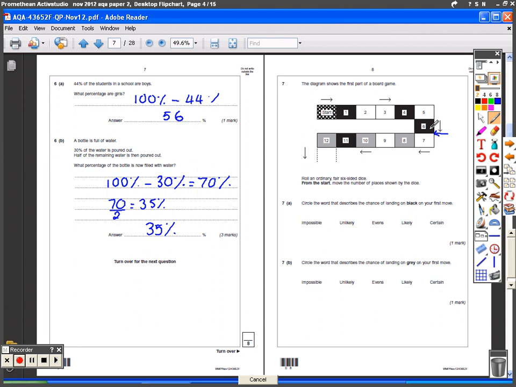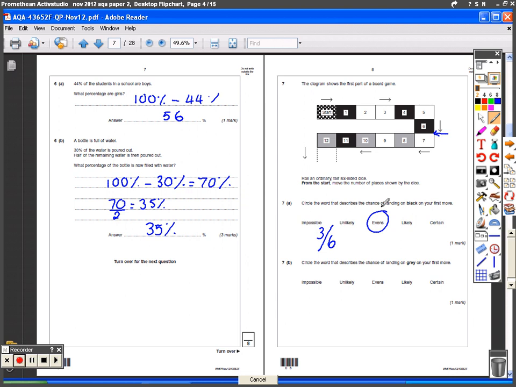So if I was going to land on a black, there's 1, 2, 3 chances that I could land on a black, out of 6 on a six-sided dice. So 3 out of 6 is a half, so evens is the word that describes something that's a half.